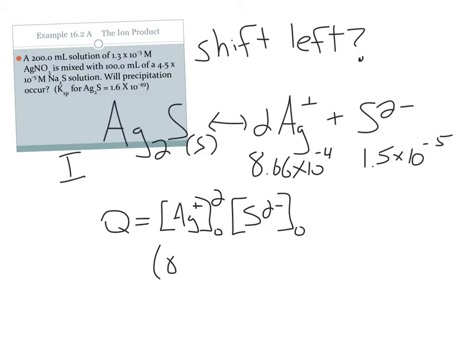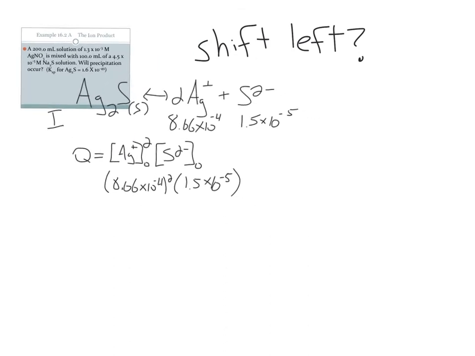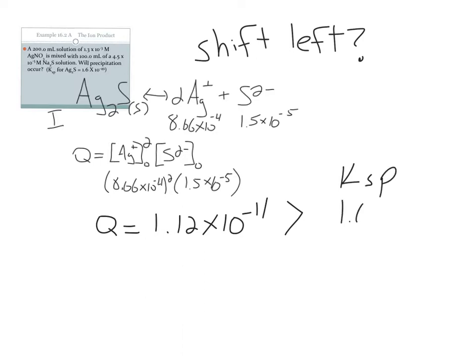So we get 8.66 times 10 to the negative fourth squared, times the sulfide, 1.5 times 10 to the negative fifth, and we get Q is 1.12 times 10 to the negative 11th, and that is greater than my KSP, which is 1.6 times 10 to the negative 49th.